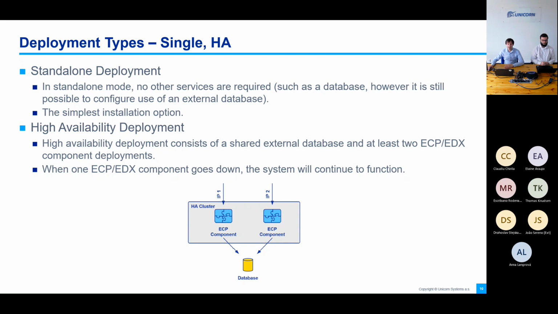If you want to minimize downtime of your ECCo components, then you need to install at least two ECCo components which are sharing the same database, or the database can be running in the cluster. It depends on your requirements. Then if one ECP or EDX application component goes down, the system will continue to function without any outage.